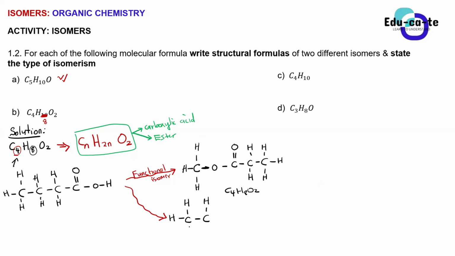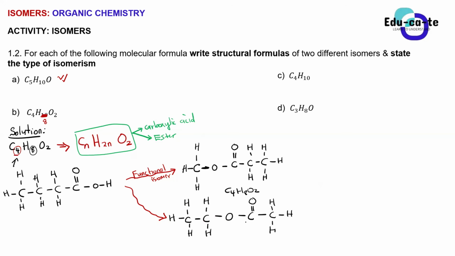This is an ethyl: 2 carbons, 5 hydrogens. Then you put an oxygen as a bridge. Then you put carbon, double bond oxygen, and you're having how many carbons? 2 carbons on the other side, right? And then here we go.